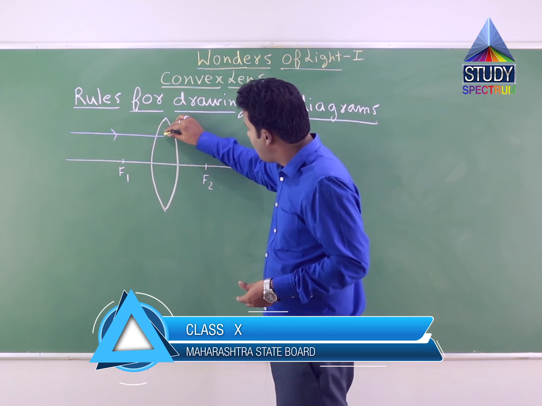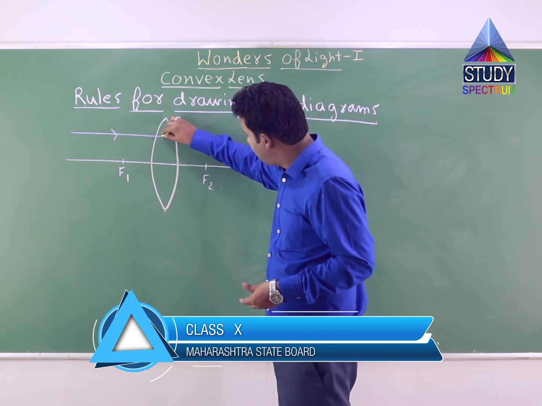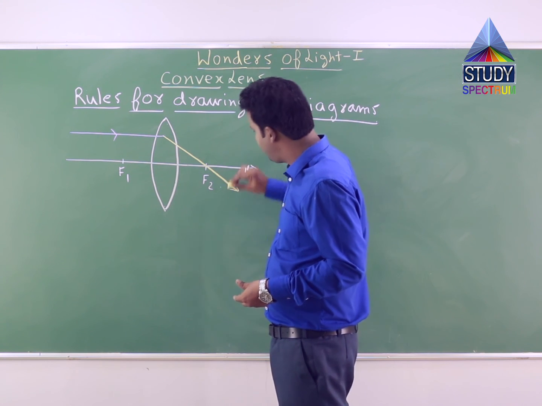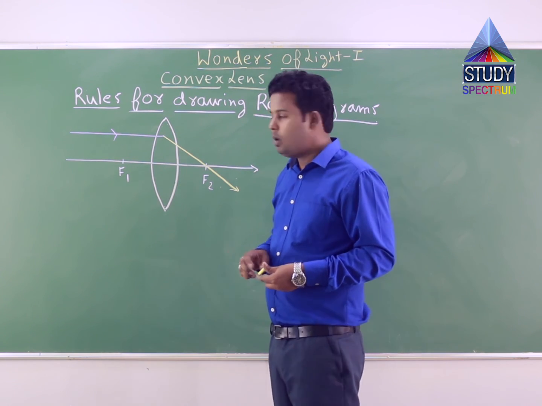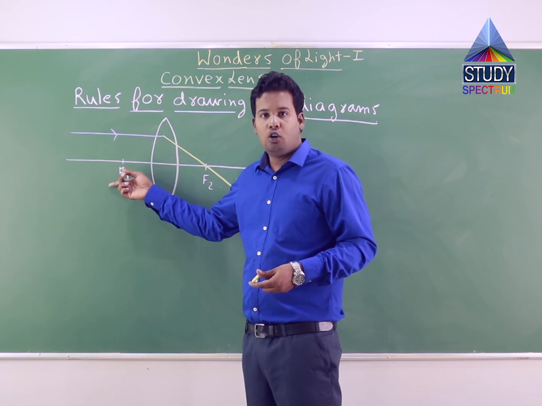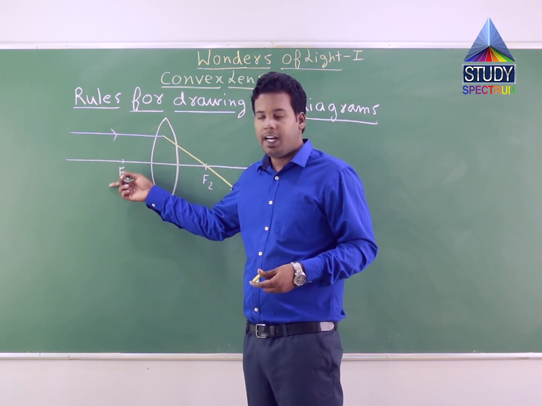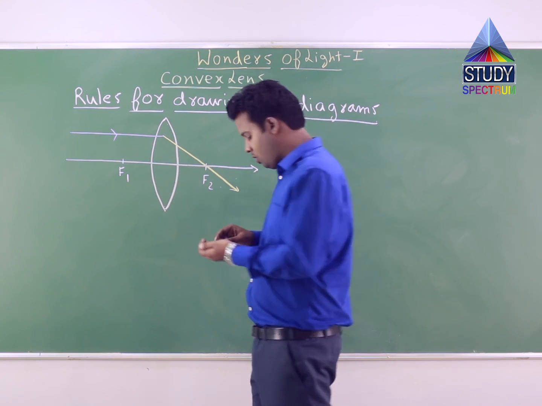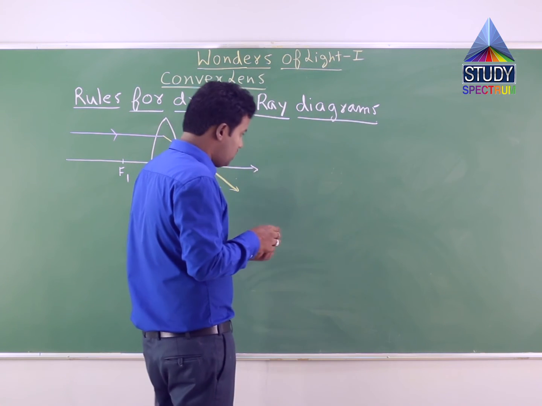So after refraction, this ray will bend towards focus point. So rule number 1 says if the incident ray is parallel to principal axis, then it will pass through focus point f2, correct? So I will write these rules once again over here.